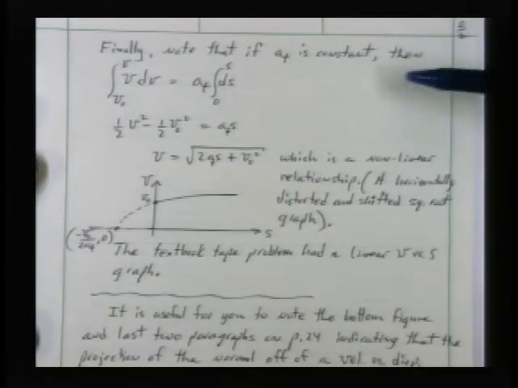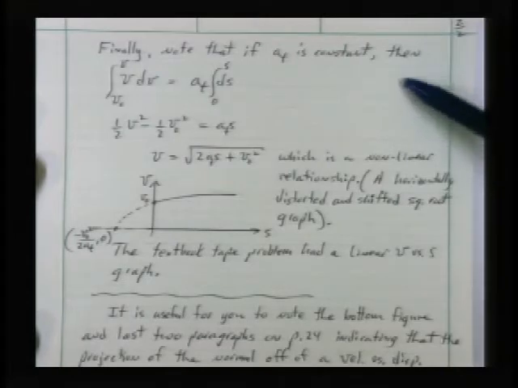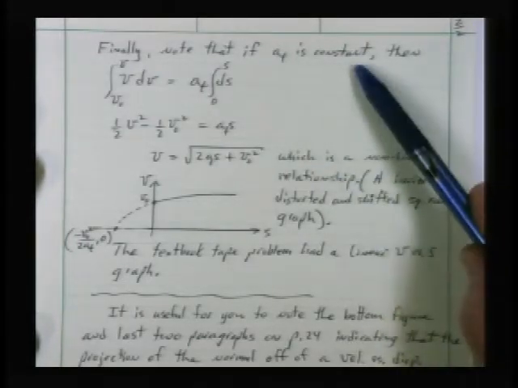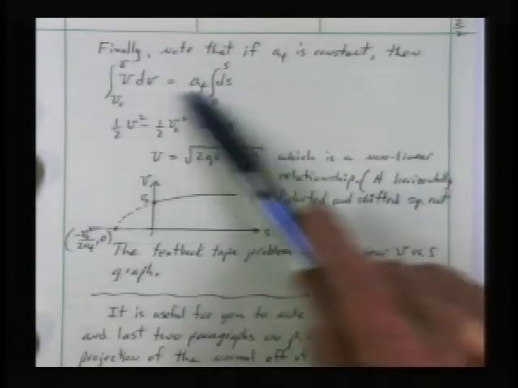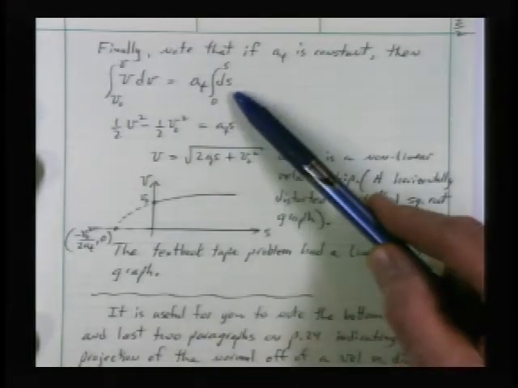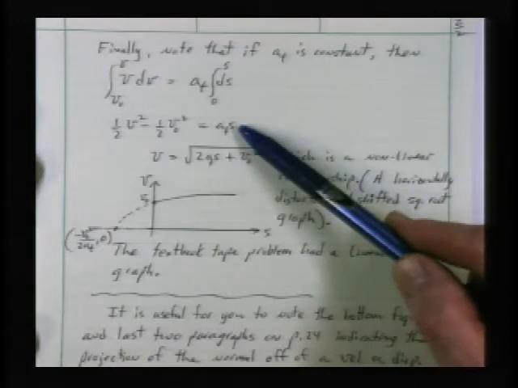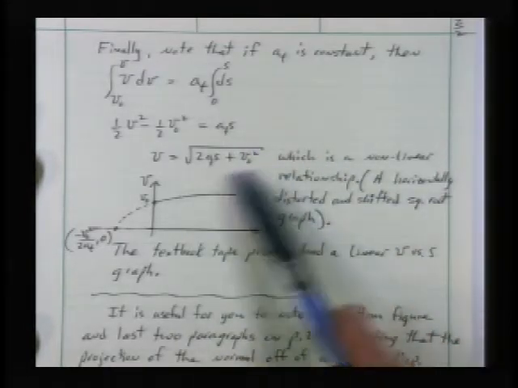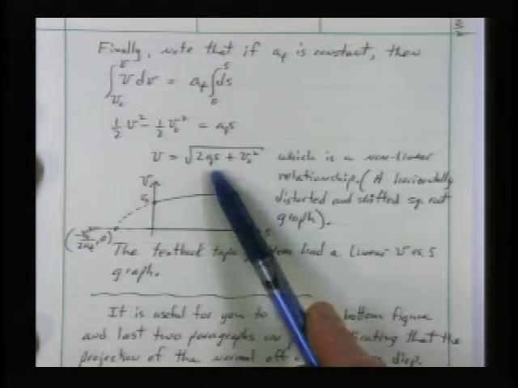Now, here's something that's more useful or interesting. Finally, note that if the tangential acceleration is constant, then here's the behavior that would have to occur, resulting in this equation that we're very familiar with. Well, what kind of a graph is this, folks, if that at is a constant? That's a square root function.